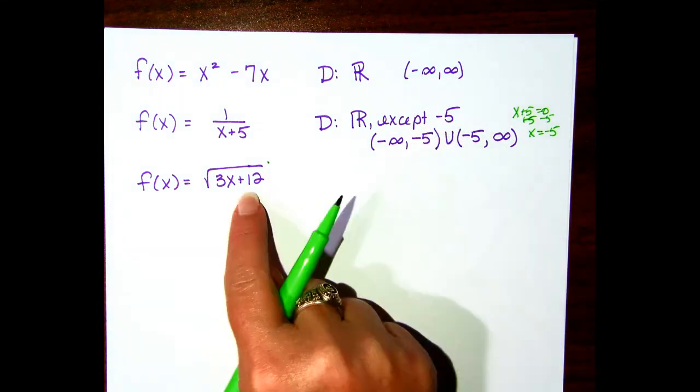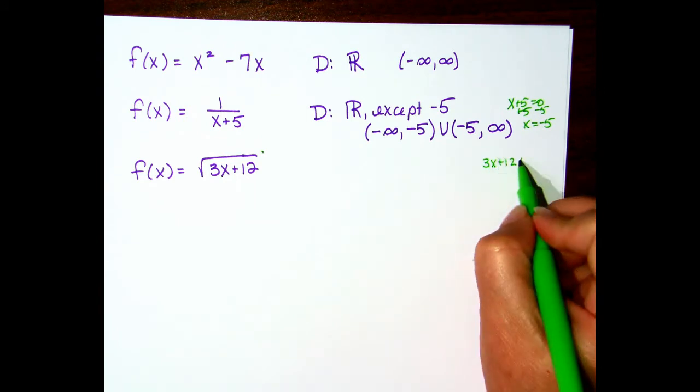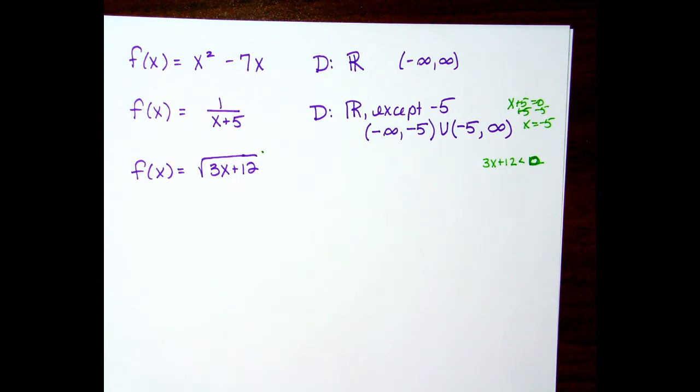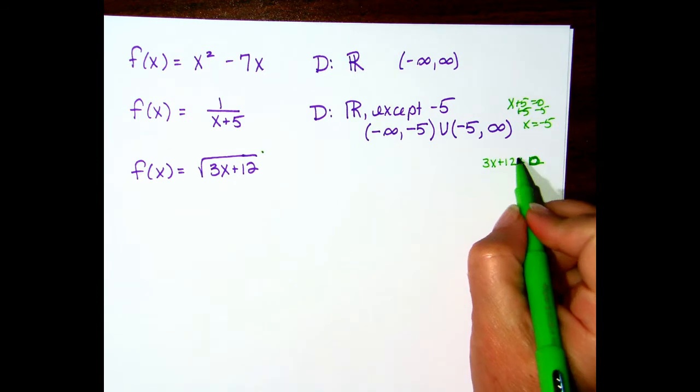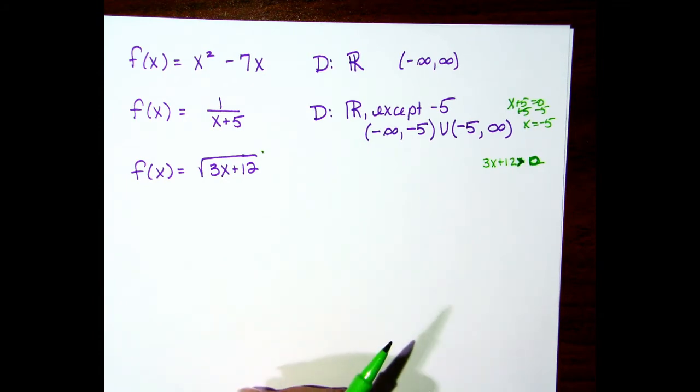What do I have to do here? I have to make it less than 0 and solve it because that tells me where it's not. Or could I solve it to be greater than 0 because that's where it is? Does it matter? No, you just have to know what's going on in your head. I would probably choose to make it greater than 0 because that's where I know it's going to be, since whatever's underneath that radical has to be greater than 0, right?